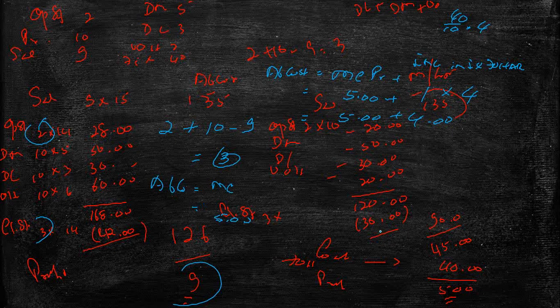Plus the increase in inventory. Inventory increased from 2 to 3, that is 1. Fixed overhead absorption rate: 40 is the total fixed overheads, number of units budgeted is 10, so it is 4. 1 into 4.